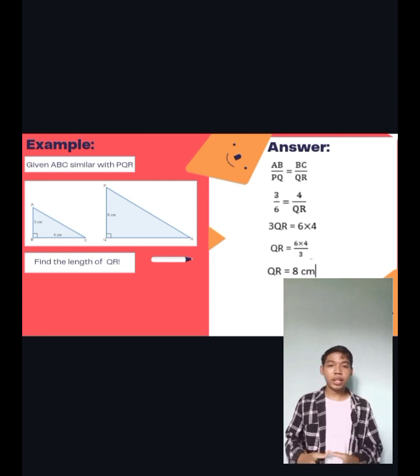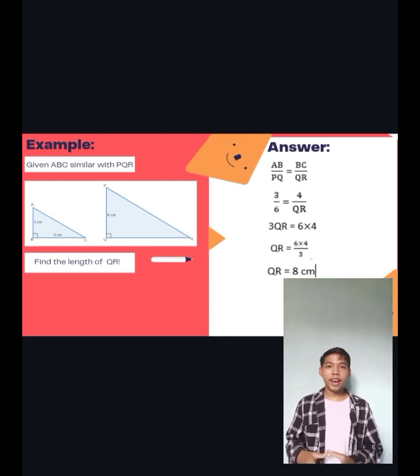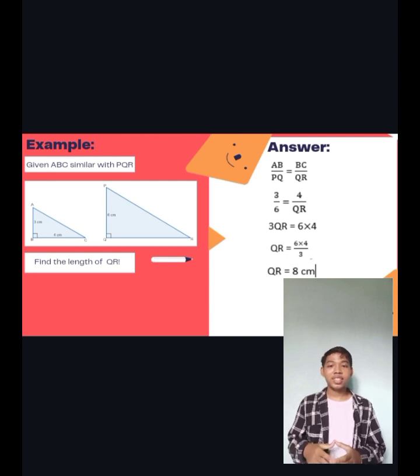We can substitute the numbers, so we get 3 over 6 equals 4 over QR. QR is the side length that we are looking for, okay? We can do cross multiplication, so we get 3 times QR equals 6 times 4. So QR equals 6 times 4 over 3, and we find that QR is 8 centimeters. Did you understand it?